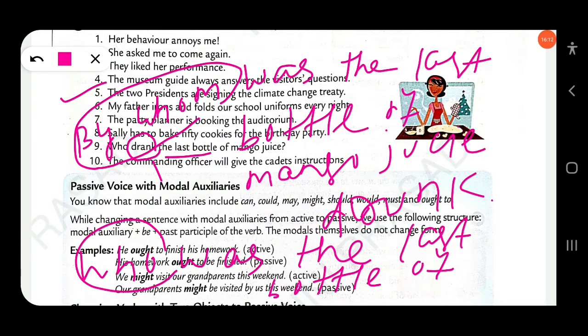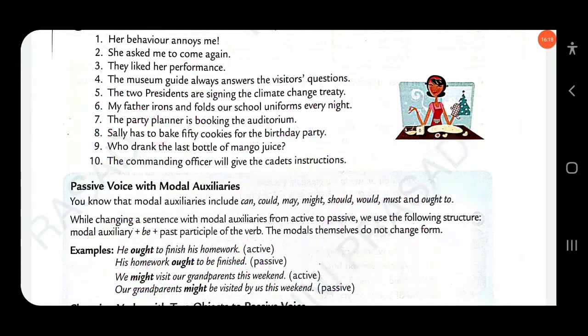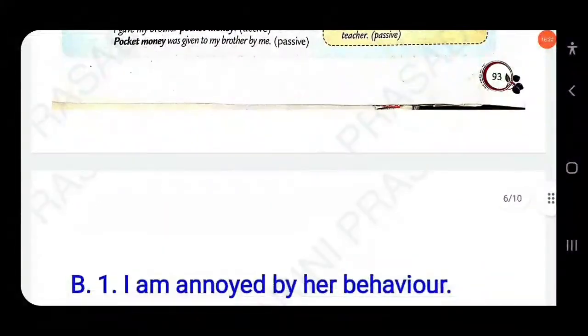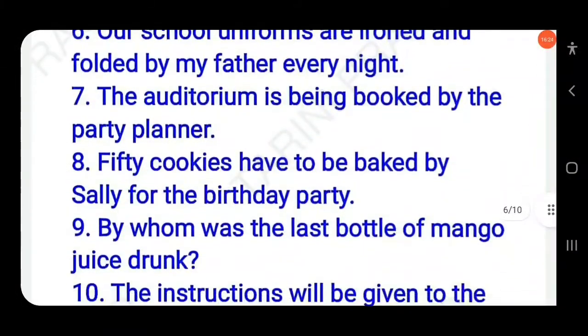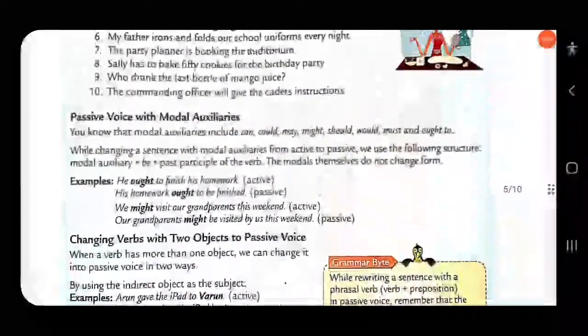Who was the last bottle of mango juice drunk by? Drink, drank, drunk, V3. So two ways can be accepted here: by whom was the last bottle of mango juice drunk, or who, with by at the end of the sentence. Clear?